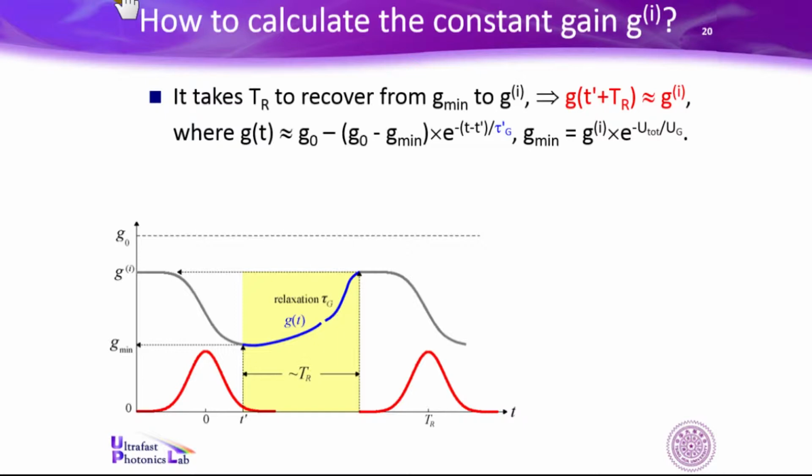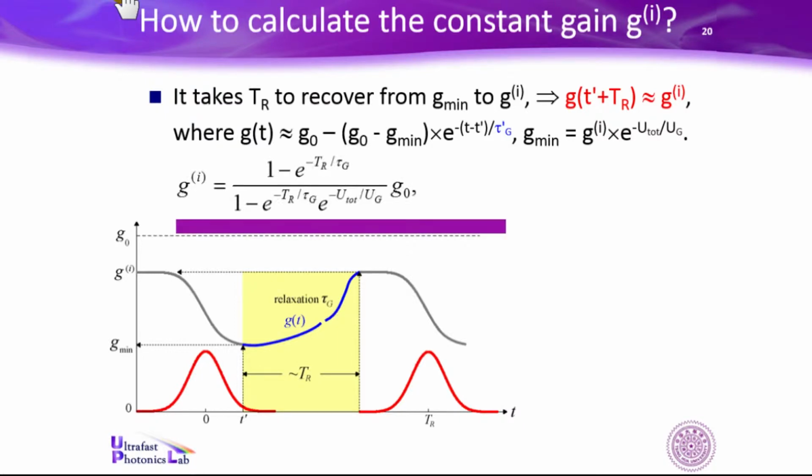Okay, so 1, 2, 3, you just need these three relations. So you can have this one, substitute it into this relation, use it for the function of time, and use it where the minima gain appears, and you will get this relation. Okay? But we need to simplify the relation to arrive at a very easy result.